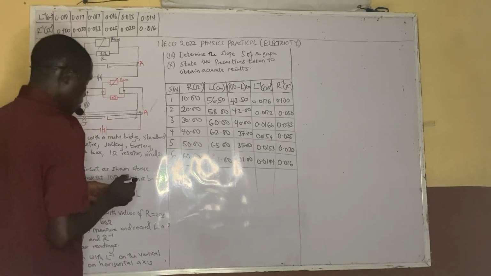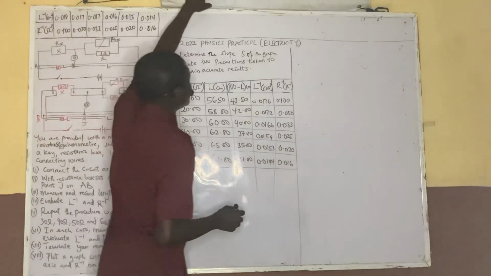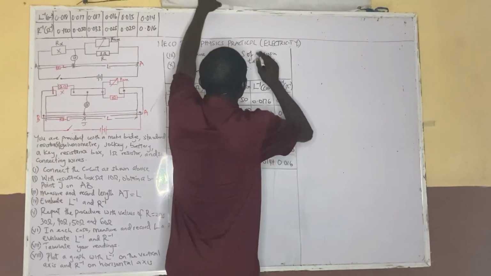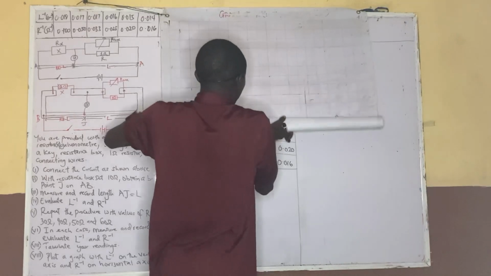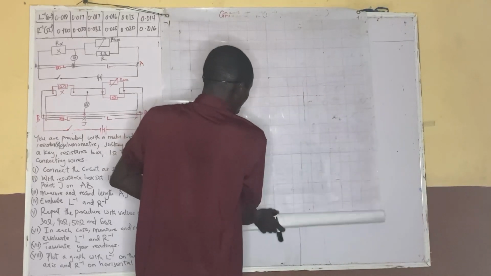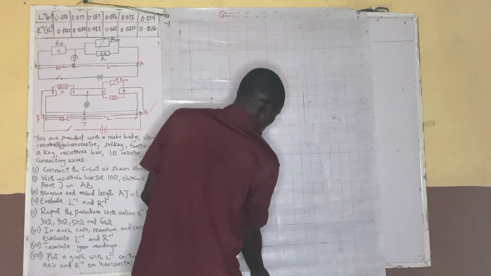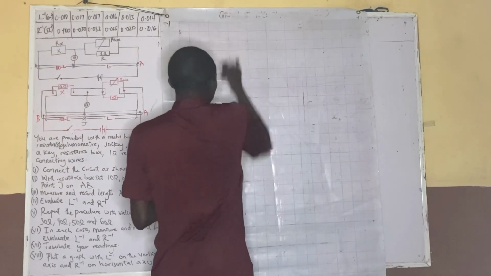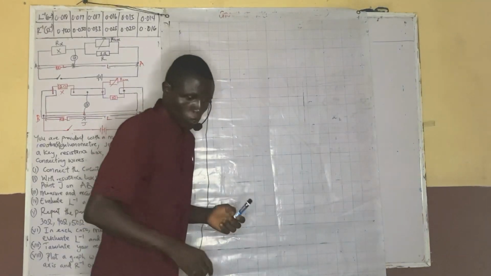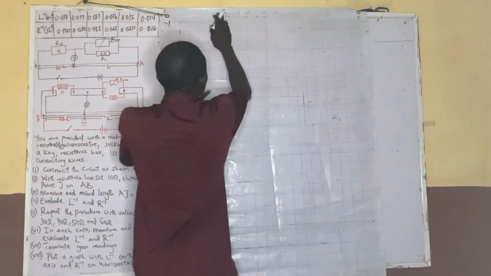So now let's quickly draw the graph of F inverse against, of F inverse against, so now we have what? Graph of, let me quickly clean this one.